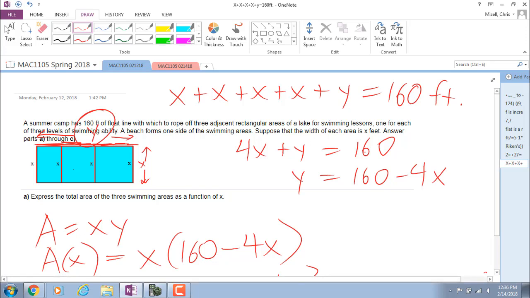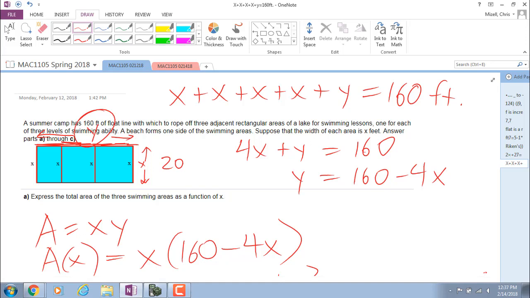And just as an example, suppose we let x equal 20, so it's 20 feet from the shore to the end of the swimming area. We could figure out how long the three combined swimming areas could be, because we've got 20 feet of rope and 20 feet of rope and 20 feet of rope and 20 feet of rope.